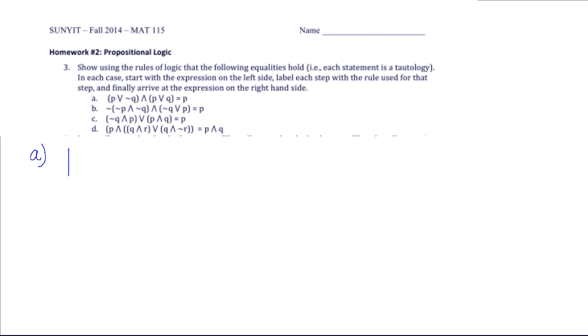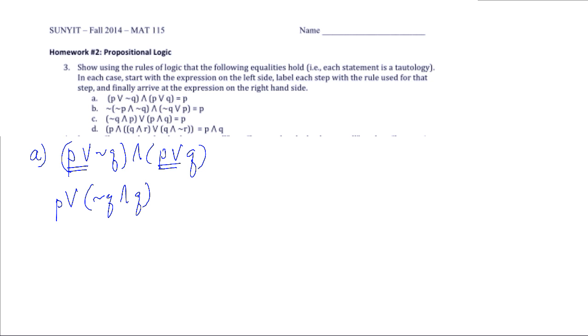I'll copy the statement here, P or not Q, and P or Q. And what I'm going to do is see that I have P or that can be factored out. And that will leave me with a P or, and then not Q and Q.